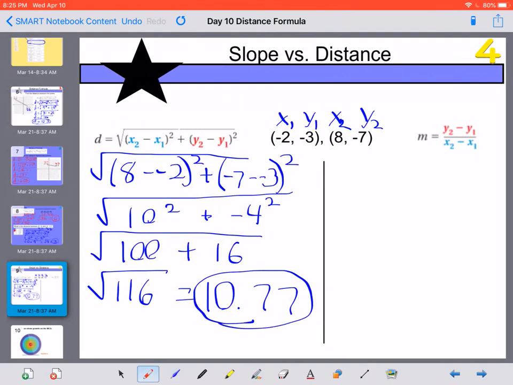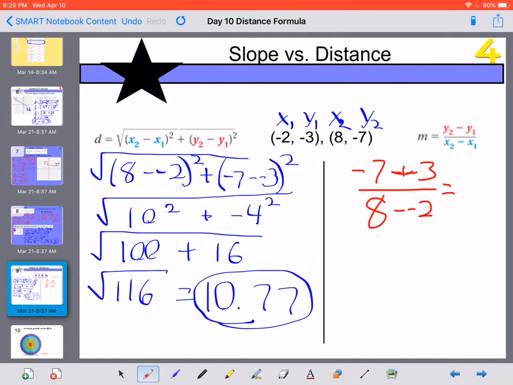Now the slope is a little bit different. This time we start with y. So y2 minus y1, so it's going to be negative 7 minus a negative 3. Then we have x2 minus x1 on the bottom, which is going to give us 8 minus a negative 2. So they're the same problems, just in a different order.